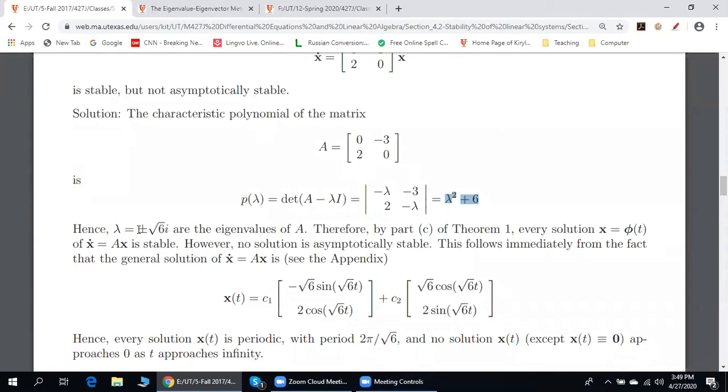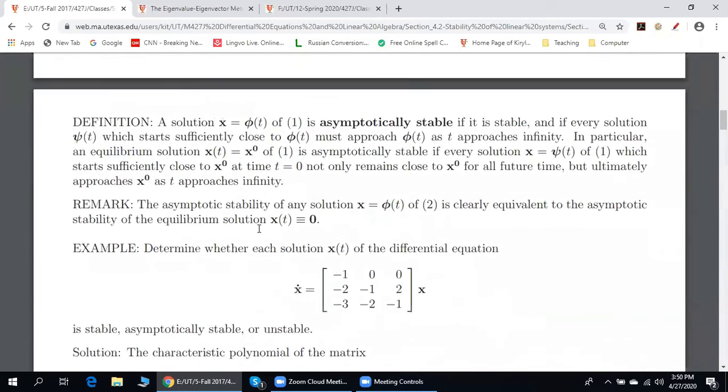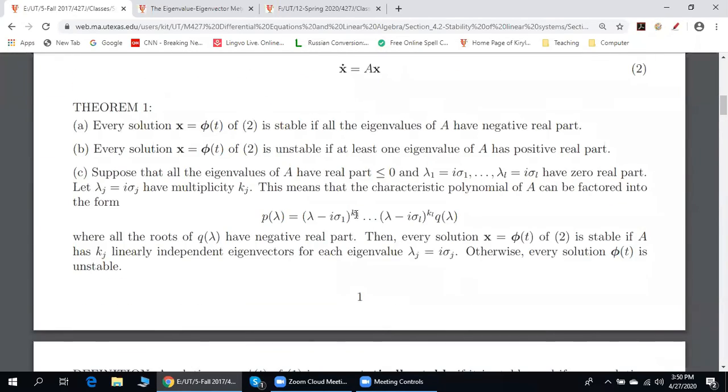So all eigenvalues have 0 real part. What do we do in this case? In this case, we find multiplicities of all eigenvalues with 0 real parts. And then we look at the dimensions of the corresponding eigenspaces.